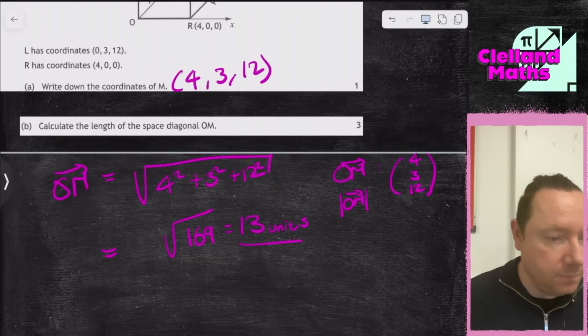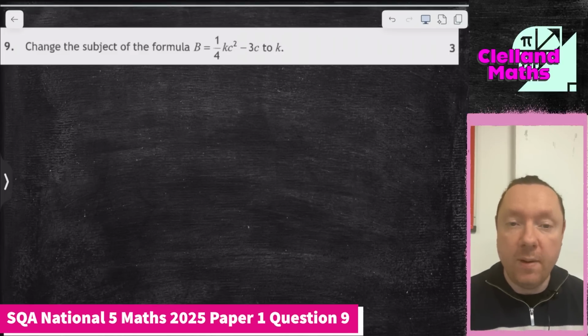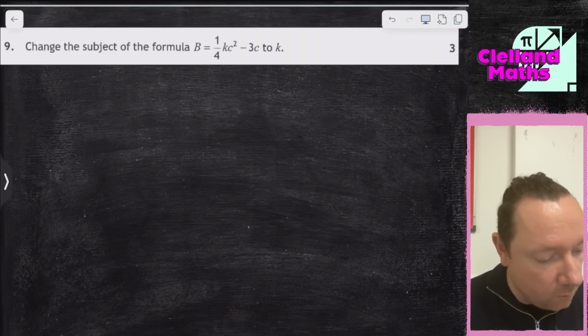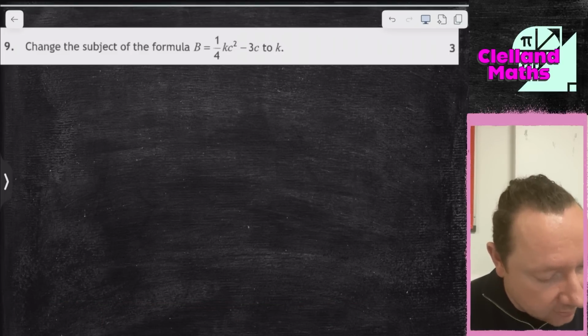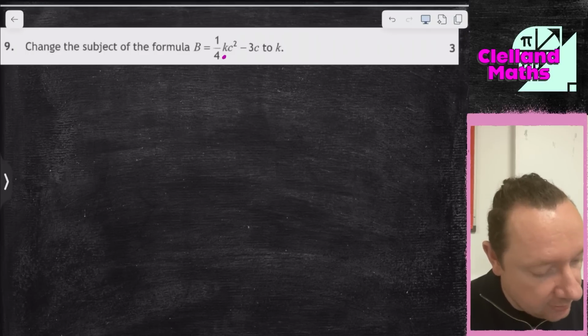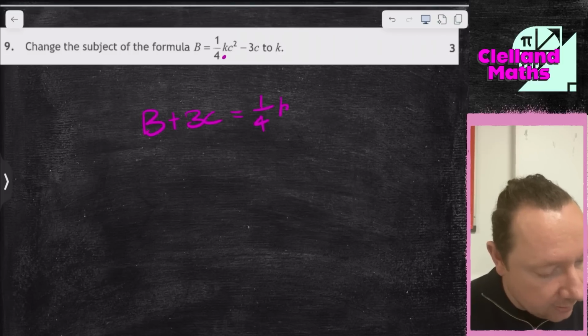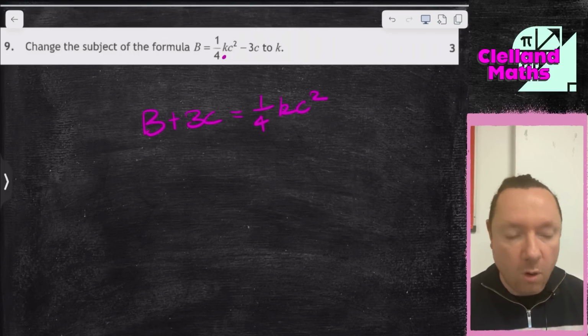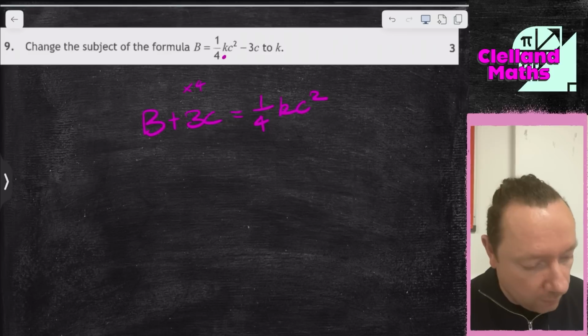And we're done there. SQA National 5 Maths 2025, Paper 2, Question 9. Change the subject of the formula to K. So where's my K? It's right here. So I need to add 3C first. B plus 3C equals a quarter KC squared. Now I get rid of that quarter, so I'll times both sides by 4.